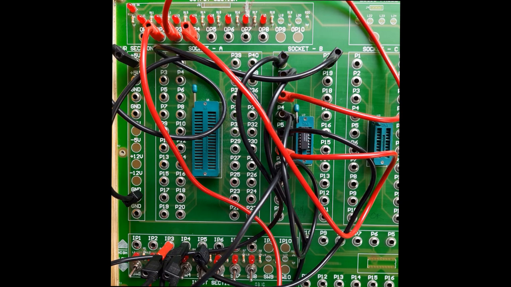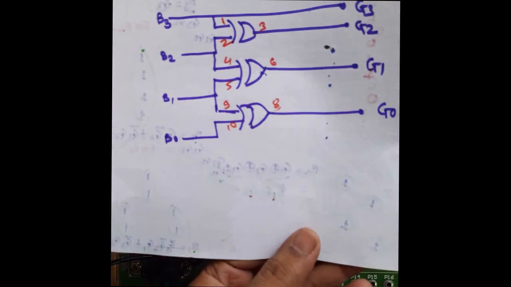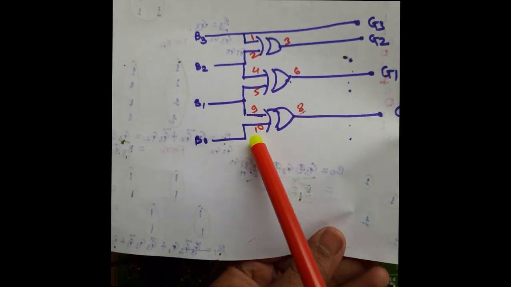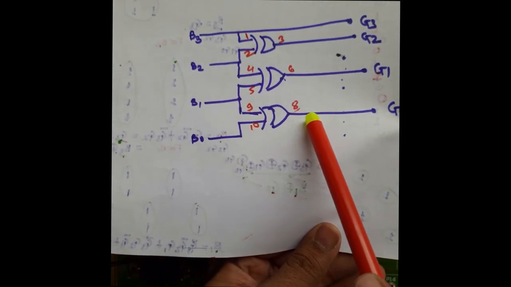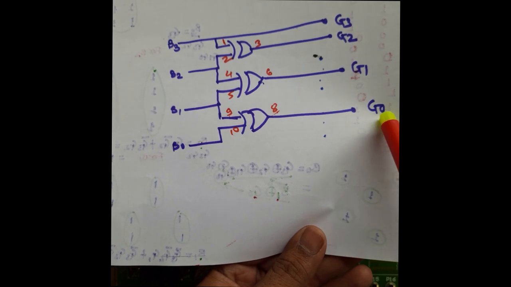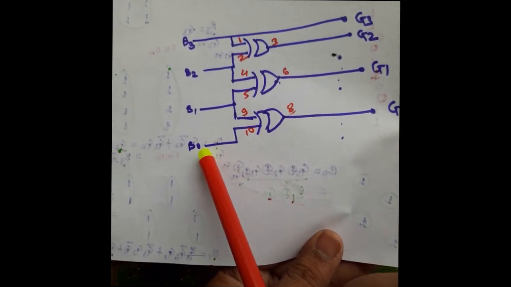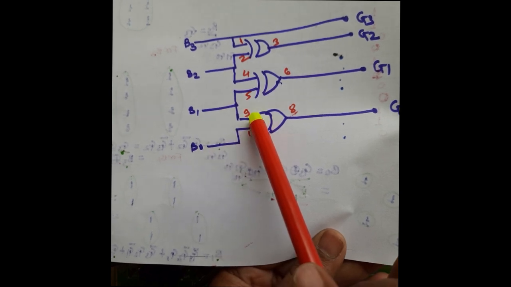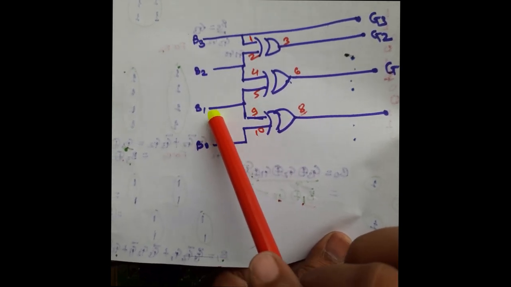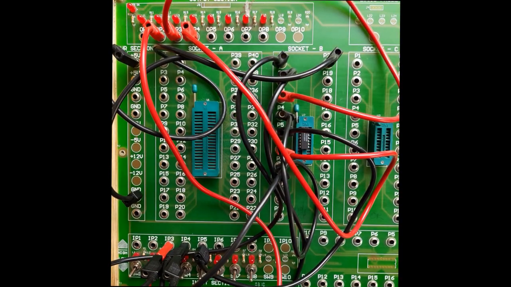Now the remaining one is your G0. For G0, if you check the circuit diagram, pins 9 and 10 are the inputs, and at pin number 8 you are getting G0. For pin number 10 you require the new input, that is B0, and at pin number 9 you are getting the multiple connection from B1. So this is already B1, so I am connecting it to pin number 9.